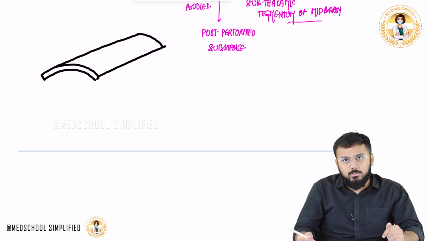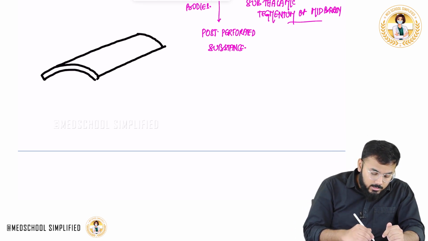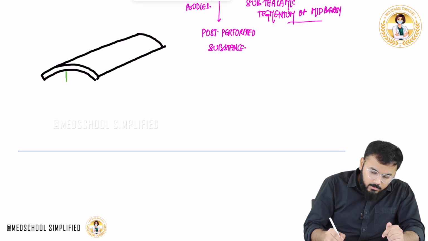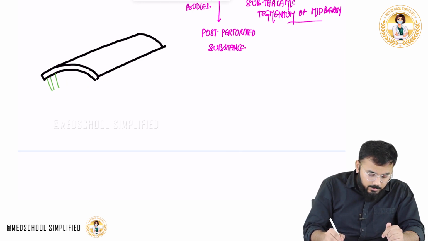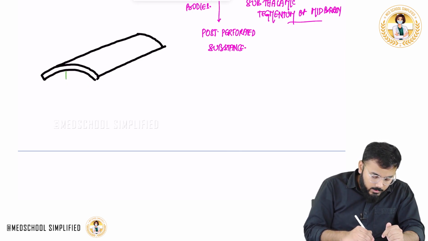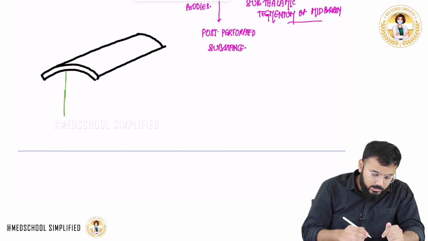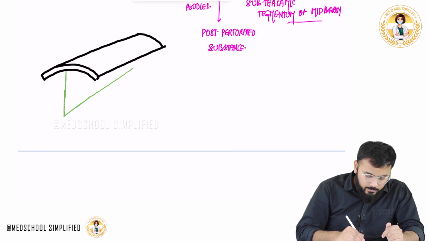This is your corpus callosum. So actually septum pellucidum is attached here. You are thinking that septum pellucidum is attached all over like this? No. Septum pellucidum is not attached all over like that. Septum pellucidum is attached in this way.